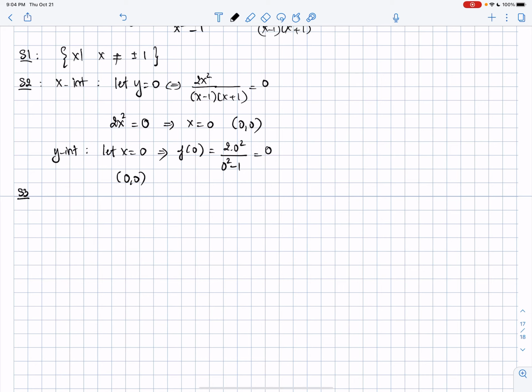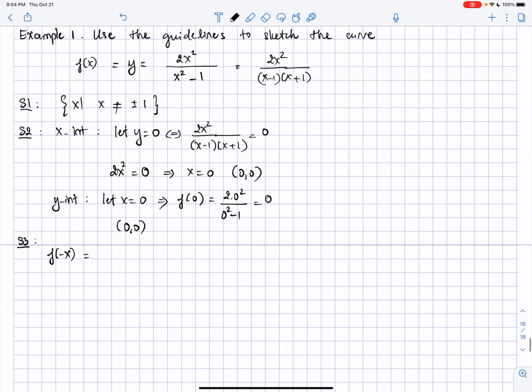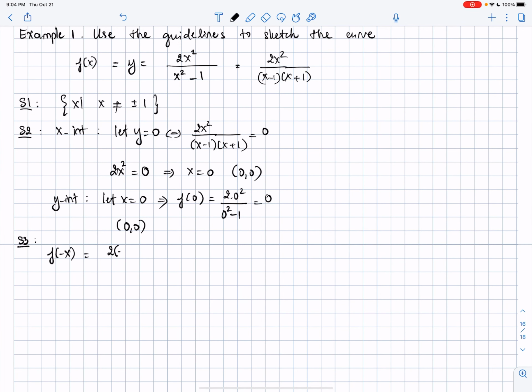Step number 3, we check to see if the function is odd or even. Now we put negative x into the input. So we get 2 times negative x squared over negative x squared minus 1.